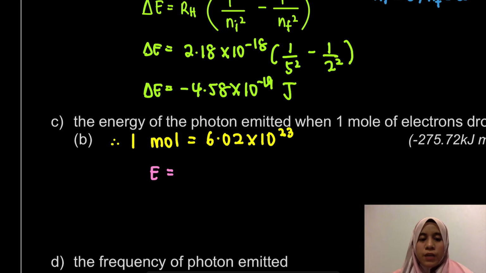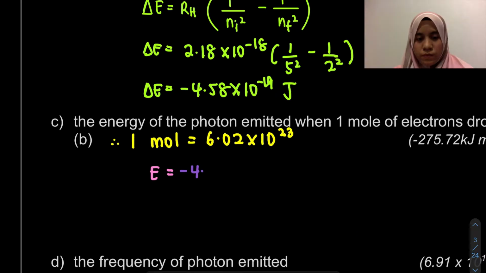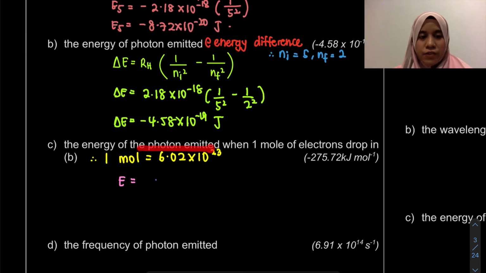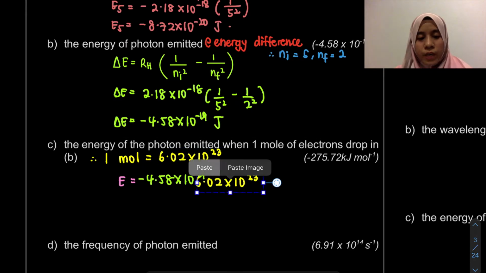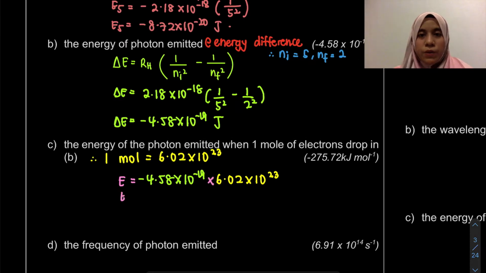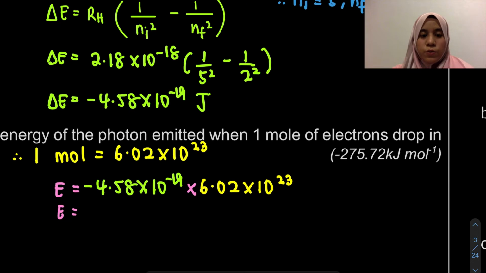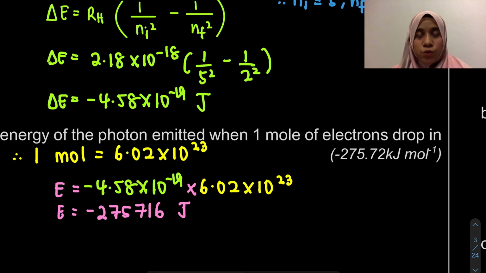So we know that for our delta E, the energy of photon emitted, when it's only 1 electron, this is the value. But here we want 1 mole, so multiply by our Avogadro constant. When we multiply this value, we will get 275,716 joule per mole.